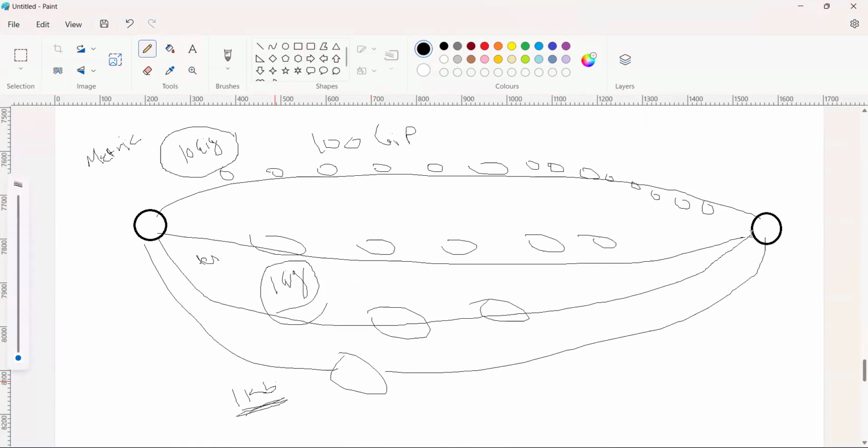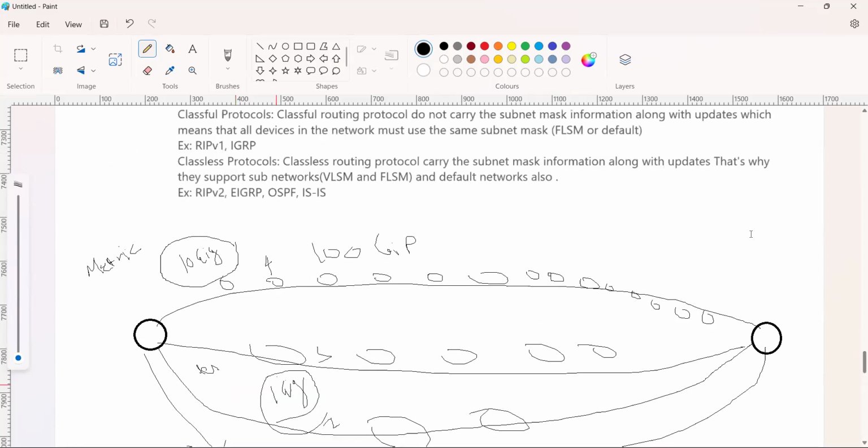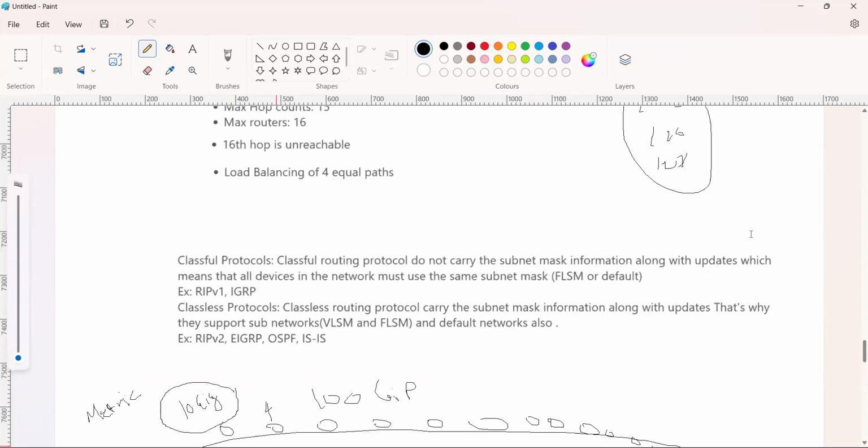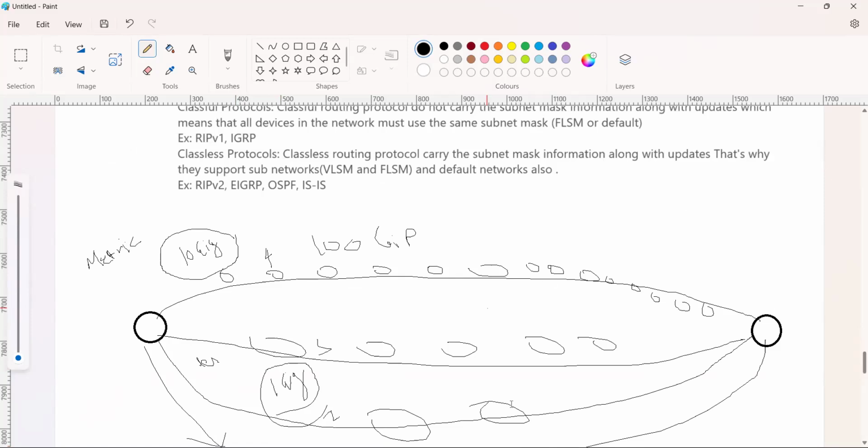First path is this one, second path is this one, third path is this one, and fourth path is this one. If the first path is down, then it will select the second path. If the second path is also down, it will move to the third path. And it will load balance also. Same thing.